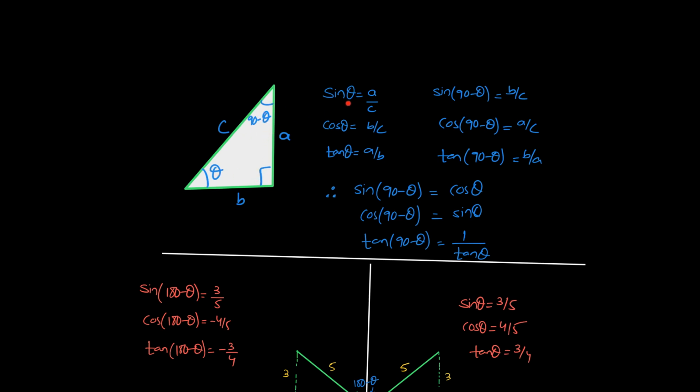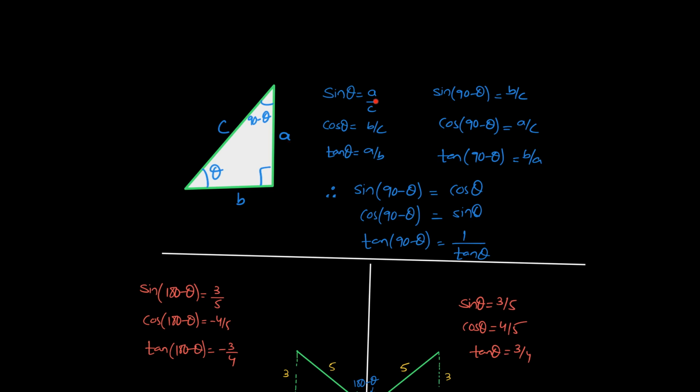So sine theta is A over C, cos theta is B over C, and tan theta is A upon B. But if this were my angle, 90 minus theta, then sine of 90 minus theta would be B over C, cos of 90 minus theta would be A over C, and tan of 90 minus theta would be B over A.